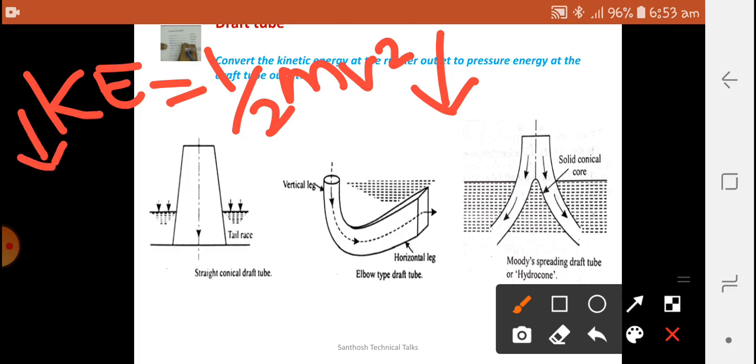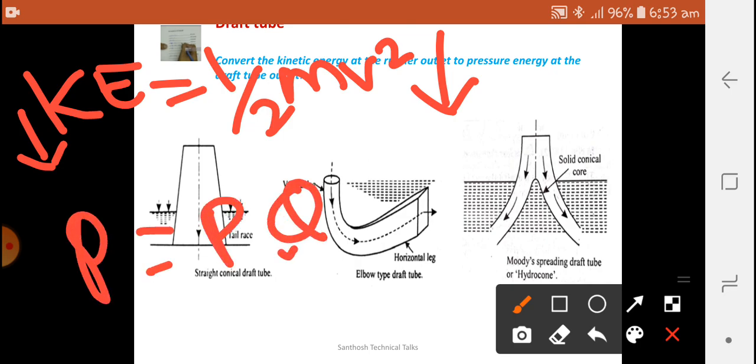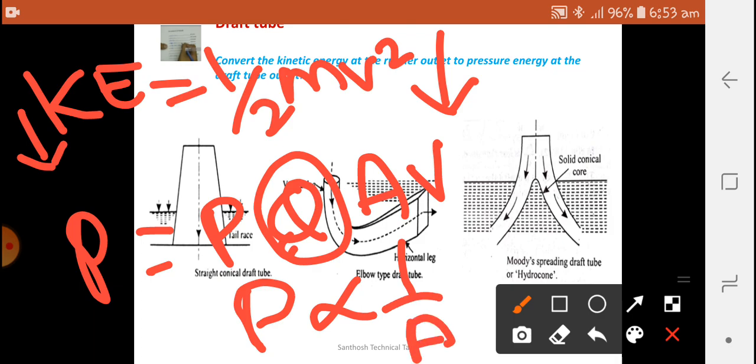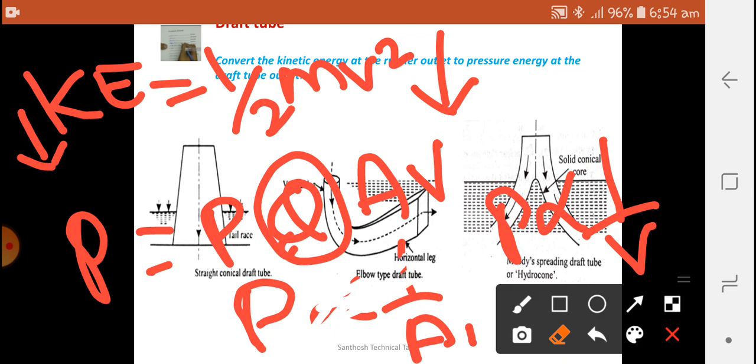And we know that power is equal to pressure into discharge, and discharge is equal to area into v. Therefore, pressure is inversely proportional to area and inversely proportional to velocity. These two have to be known. Sorry, I think I made a mistake here.